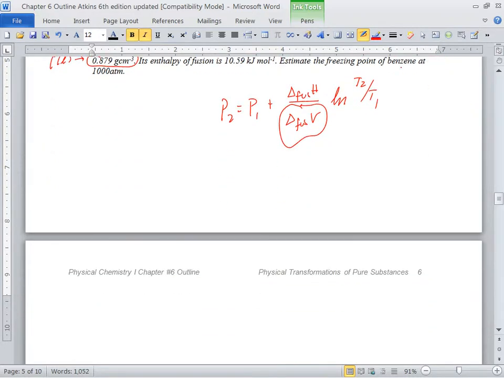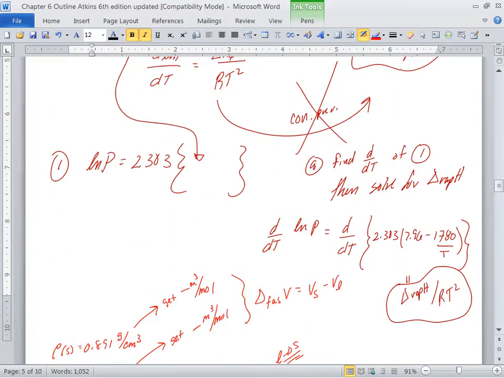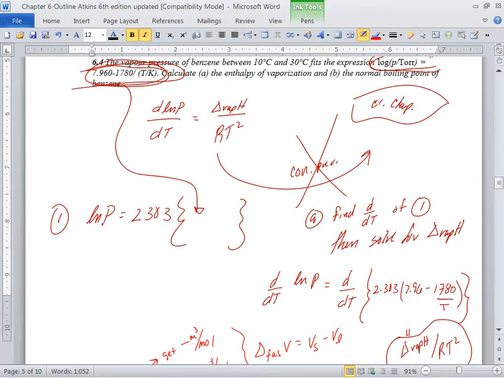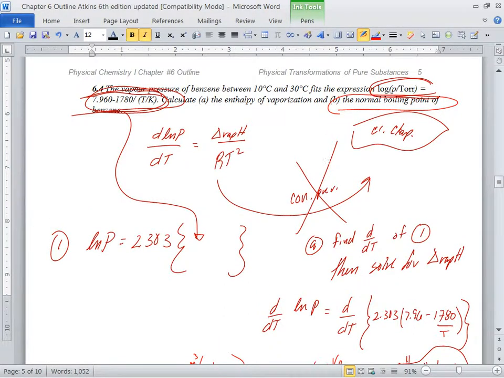For 6.4, how do you find the boiling point? Oh, we didn't do that. The normal boiling point of benzene. Well, normal anything is at what pressure? 1 atm.